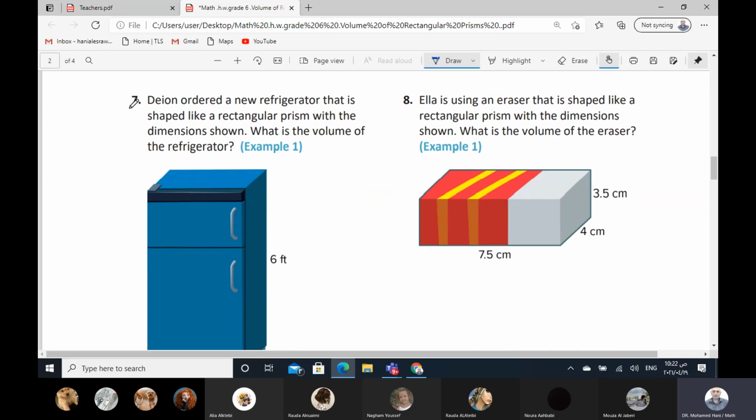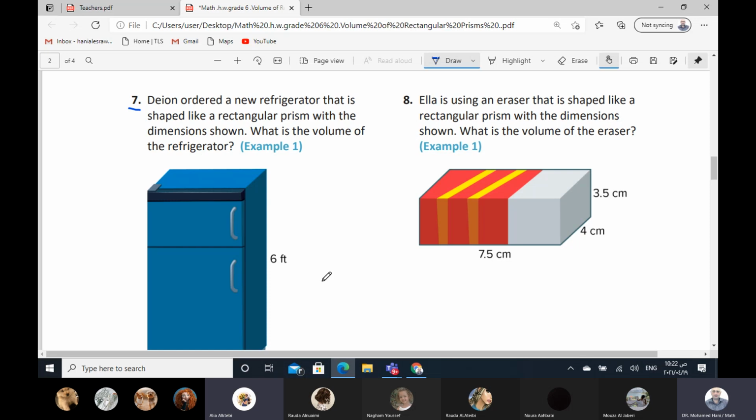Who can read exercise number 7? Mr., can I read it? Okay, Alia.